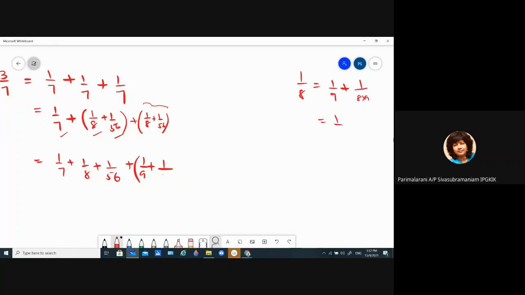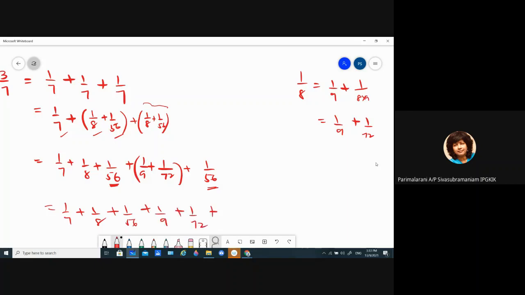So this is 1 over 9 plus 1 over 72. So I'm going to write here 1 over 72 plus I have another 1 over 56 which I haven't changed, and this is the same, so I must change 1. Okay, so 1 over 7 plus 1 over 8 plus 1 over 56 plus 1 over 9 plus 1 over 72.